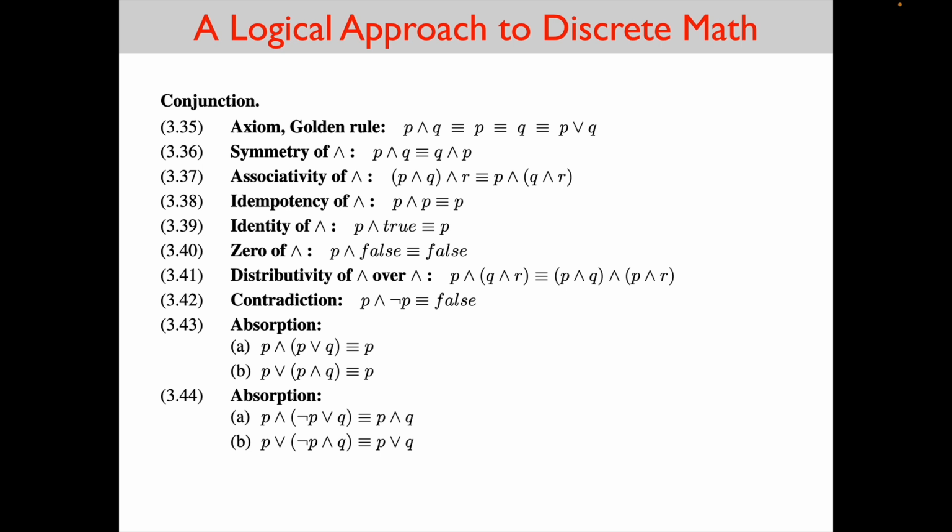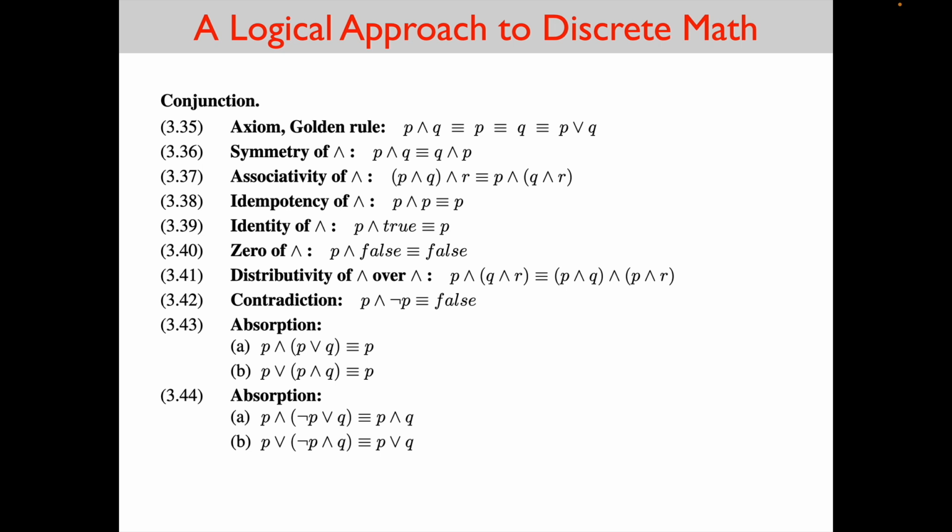Symmetry of and, associativity of and, idempotency of and, identity of and. Notice that these are all now theorems. They're not axioms. Zero of and, distributivity of and over and, contradiction, and then we have this group of 4 absorption theorems, 3.43 and 3.44.